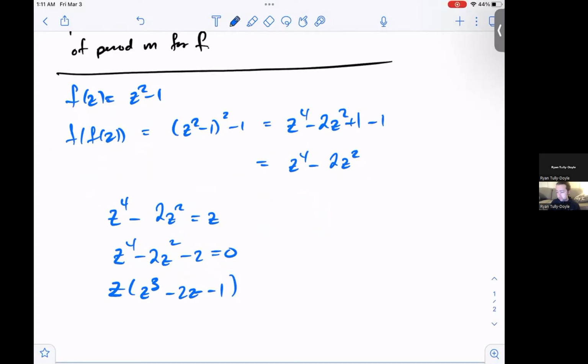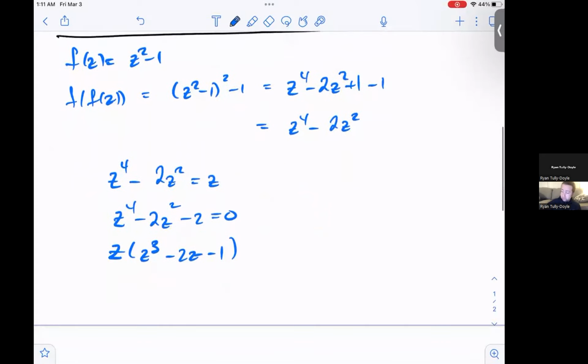It's also clear that if you eyeball that for a second, this equation will be solved for z equals 0. And this term right here, if you put in minus 1, minus 1 will solve that polynomial as well. You can check that by plugging in, or if you're really ambitious, you could use synthetic division or something. But you can just observe that that's the case.